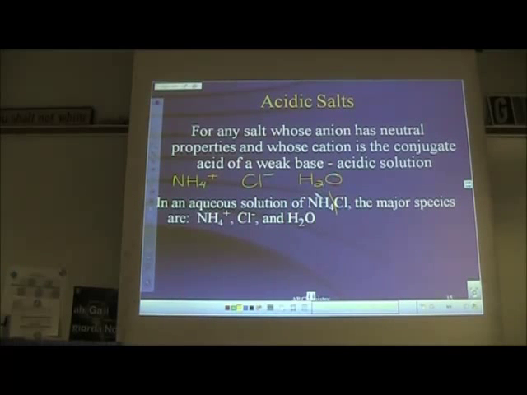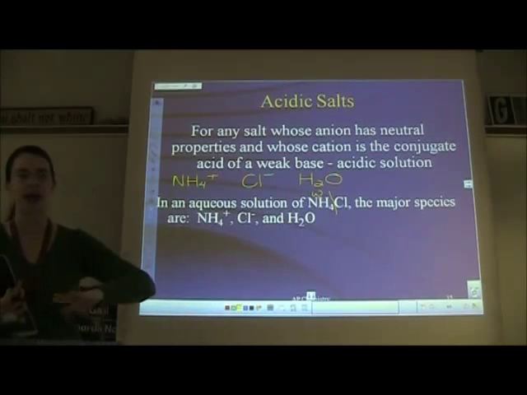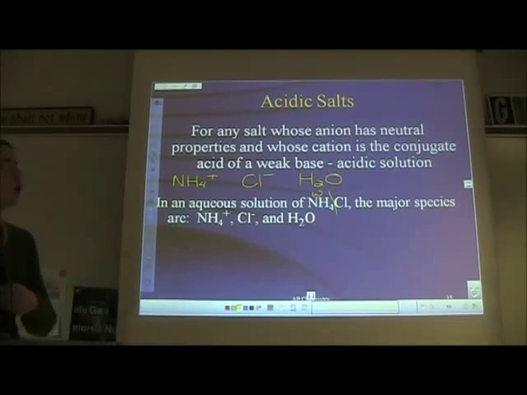Okay, weak. So I'm going to put a W for weak over this side of the salt. Let's look at the anion. Anions form potential acids. Anion acid, AA. What acid could possibly be formed here? HCl, strong or weak? Strong. Okay.